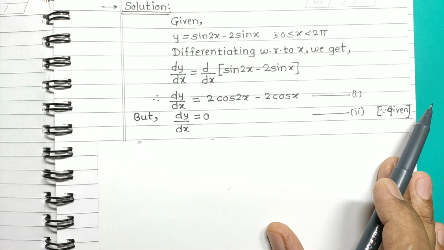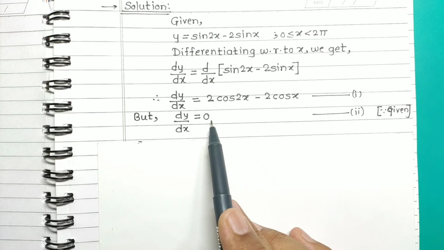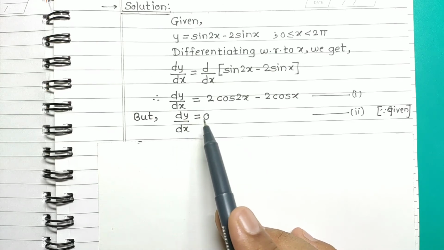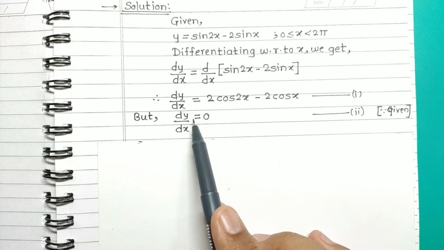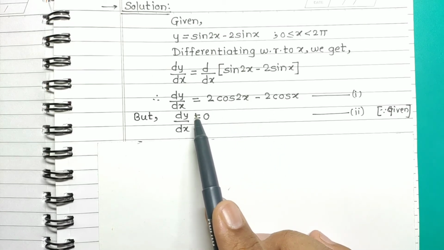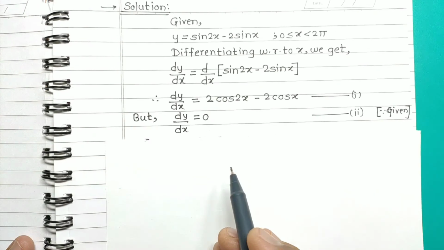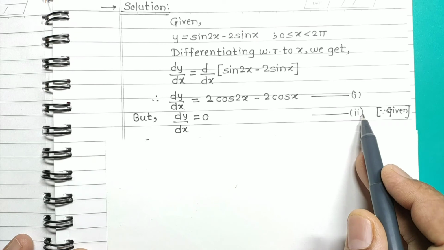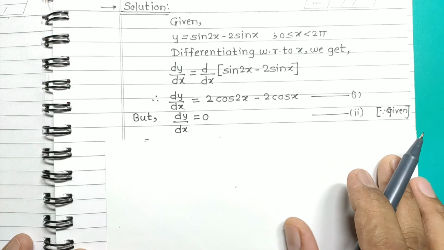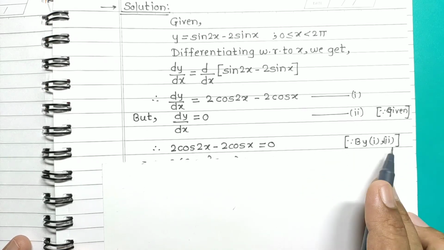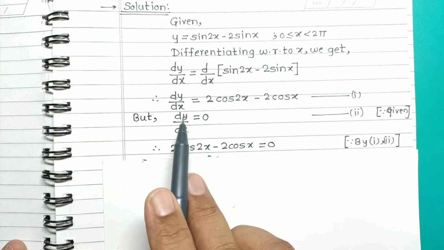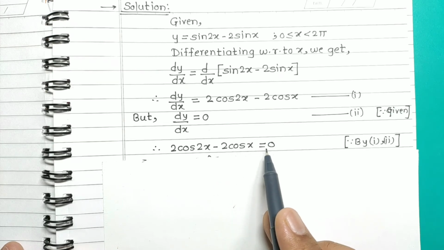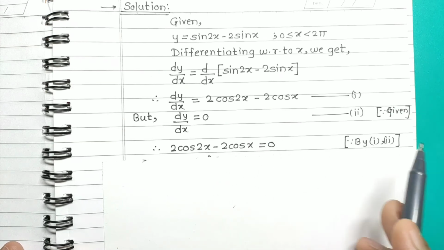Now we are given that dy by dx is equal to 0. That means we have to find out all those x for which this derivative is 0. Okay, so call it equation number 2 since we are given this. Then from 1 and 2 we have, equating this, 2 cos 2x minus 2 cos x is equal to 0.